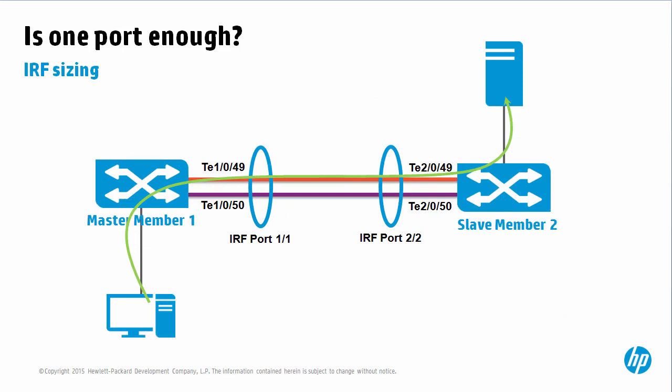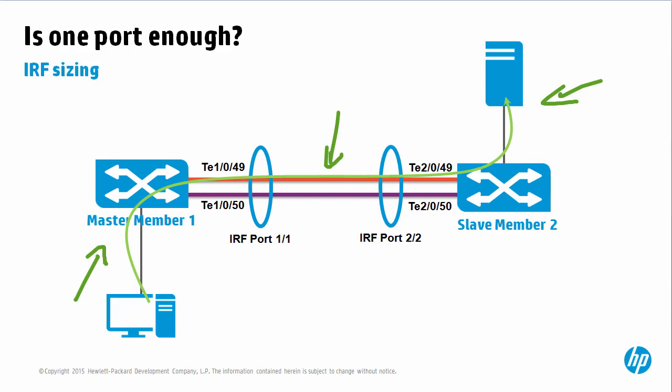You may also have a situation where traffic is being received on member 1, and for whatever reason, the traffic is being sent to a device that's connected to member 2. So in this case, we have user data traversing the IRF ports. So in this example, you may want to add additional links to the members in the IRF system to increase the performance when traffic goes across the IRF system.